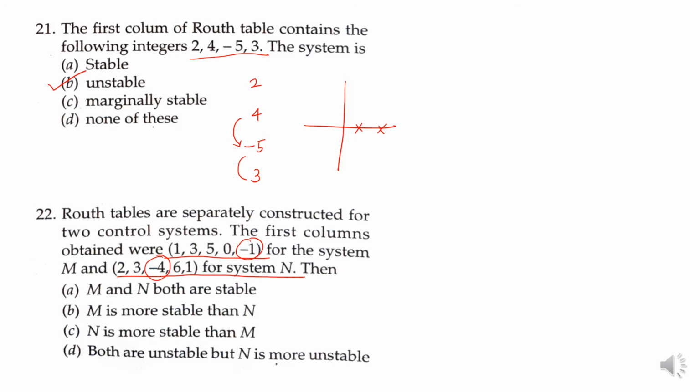The first column of the routh array should be positive, so we can say it is an unstable system. But N is more unstable. There are two sign changes in N. Here one sign change, next sign change. So N is more unstable.